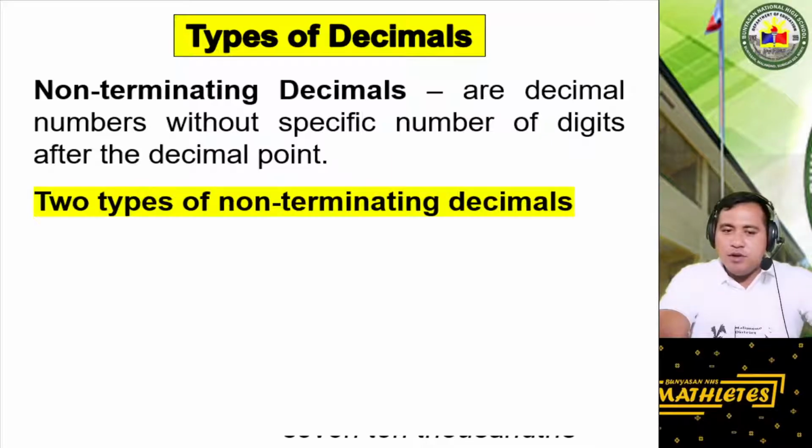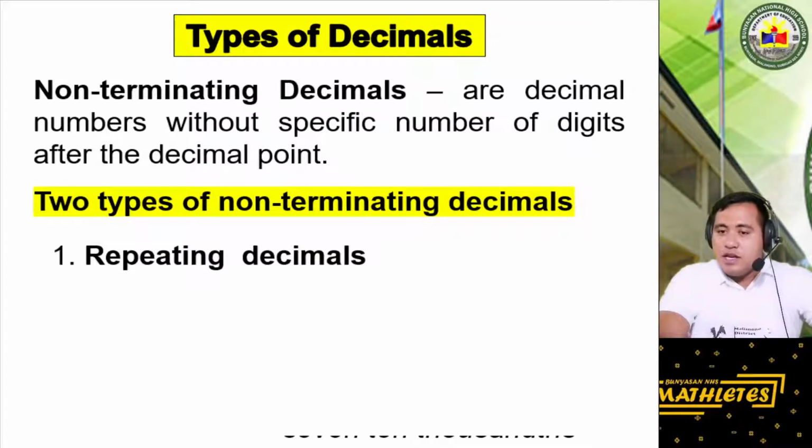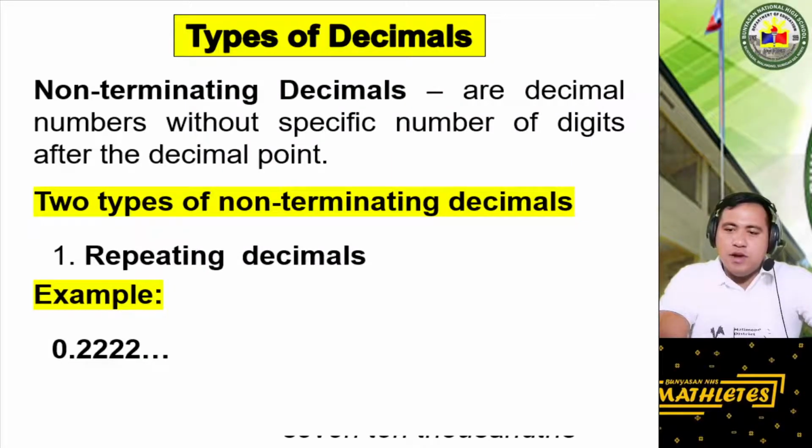Example ani, there are two types of non-terminating decimal. Ang usa is repeating decimal. Way kahumanan kay nagbalik-balik raman. Repeating gani, balik-balik ra, way kahumanan. So example of repeating decimal is 0.222.